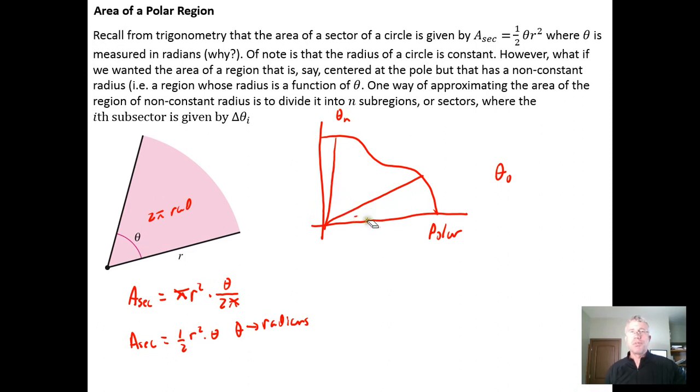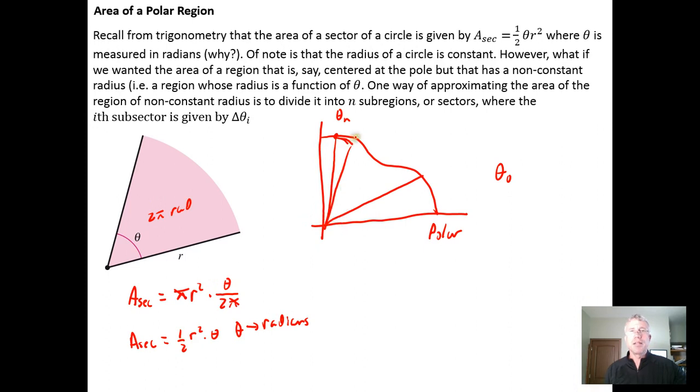And what we'll do to calculate that area is we'll break it into sectors and approximate the area. So for example, if I go right here, I establish a point, I sweep through some arc, and then from that arc I drive the radial line down to the origin.